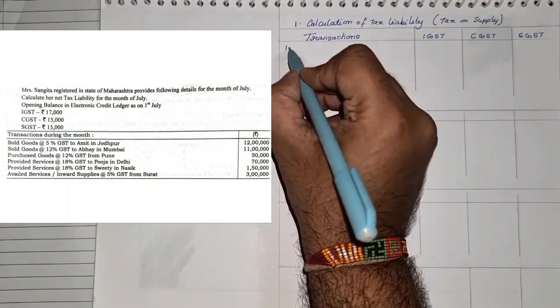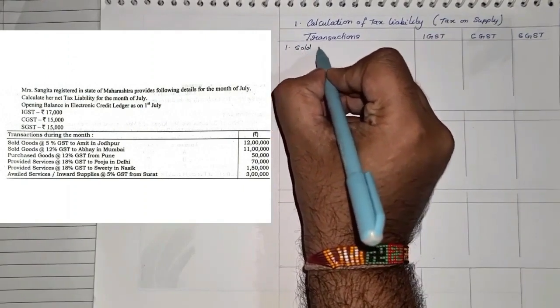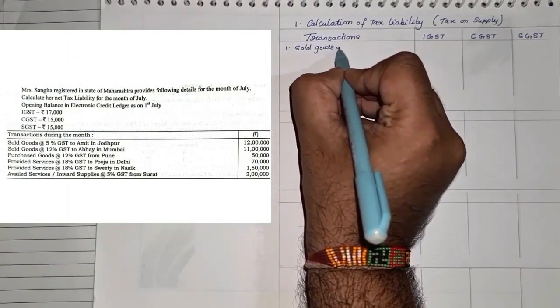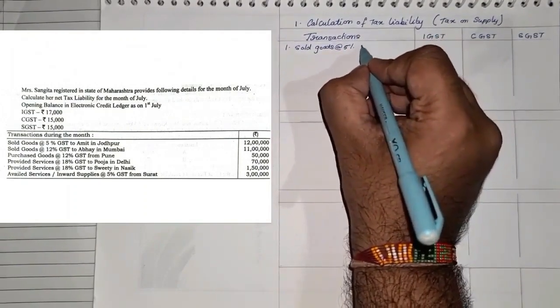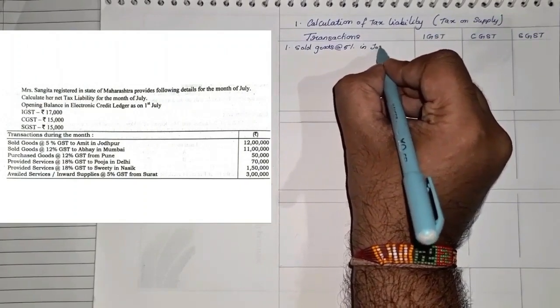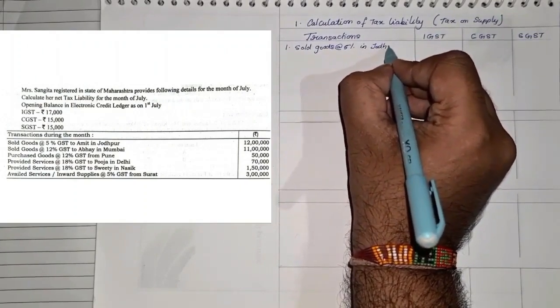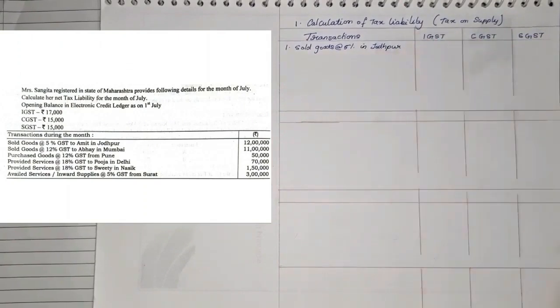So we start. Number 1, it is given: sold goods at 5% to Amit in Jodhpur. Sangeeta is from Maharashtra, and you are supplying to Jodhpur, 2 different states. If it is two different states, the entire tax collected will be IGST. Now the amount given in the question is 12 lakhs.